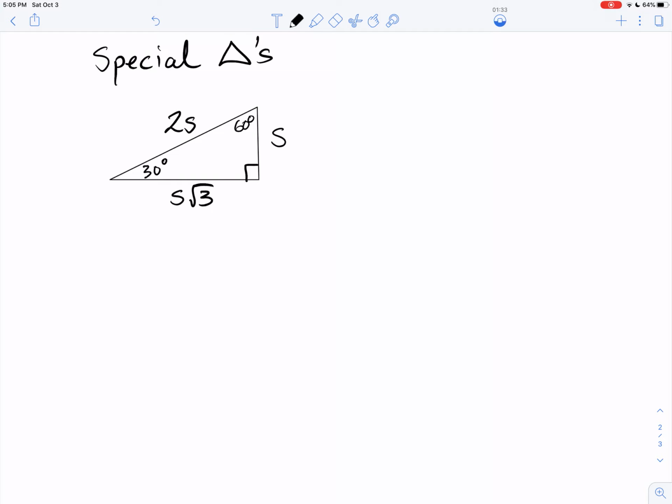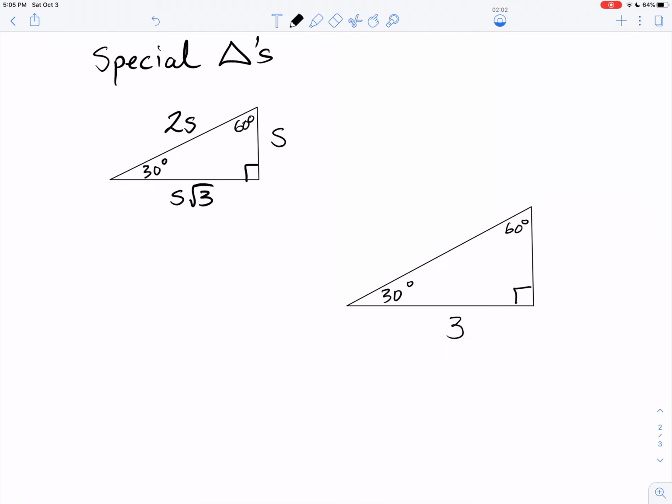See, in geometry, let me give you a little blast from the past. Back in geometry, they said something like this. Here is a 30, 60, 90 right triangle, and I am going to tell you that the measurement over here is 3.